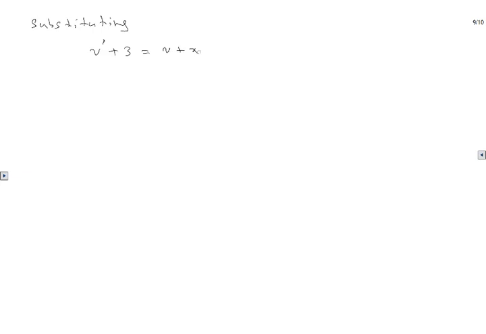Now we can move the terms around, so you can see that this is v prime minus v equal x minus 3. So this is a first order linear, or integrating factor, problem. So this is first order linear, so we can use the integrating factor method.